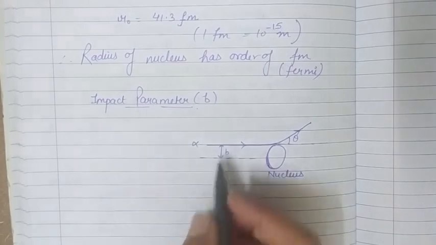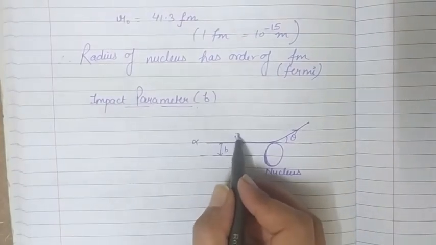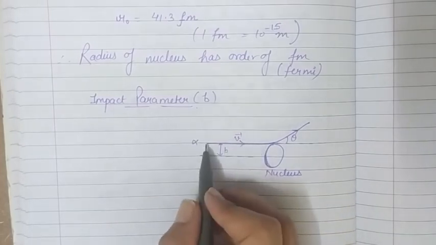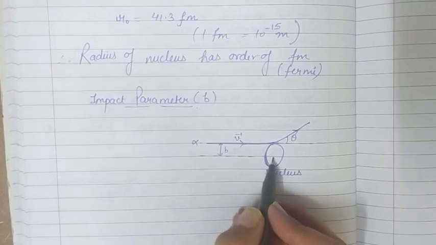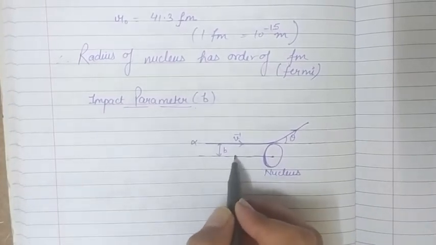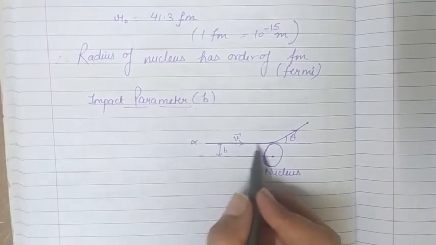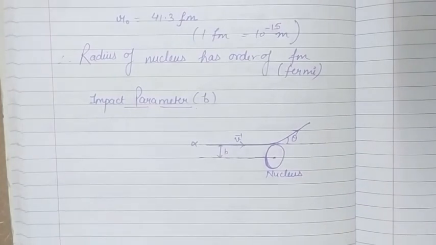of this velocity vector, meaning the direction in which alpha is moving, this is the direction of its velocity vector. If we draw a perpendicular to this velocity vector from the center of the nucleus, then this distance is called impact parameter.